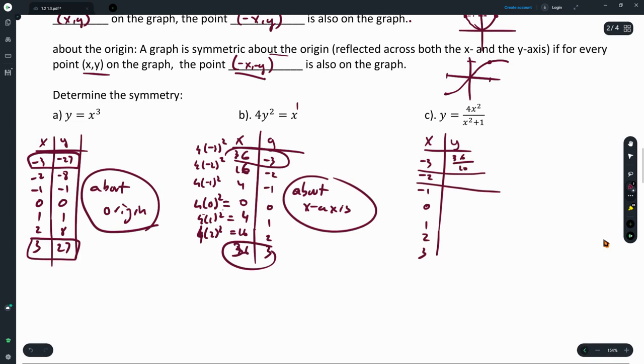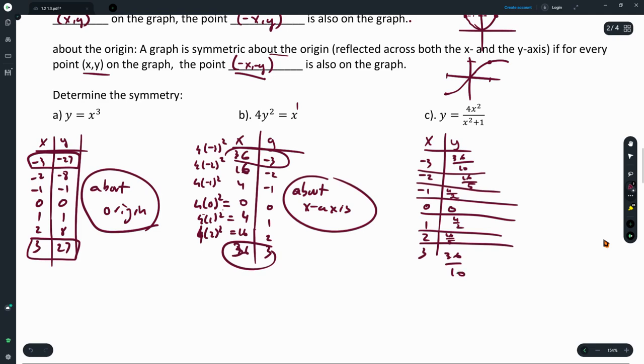Next one is 4 times 4 is 16 over 5. Next one is 4 over 2. And then the next one is 0. Then 1 is going to be 4 over 2 again. Then 2 is going to be 16 over 5, and then 36 over 10.